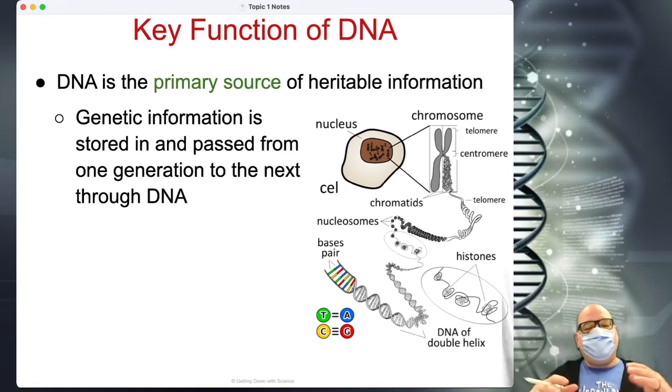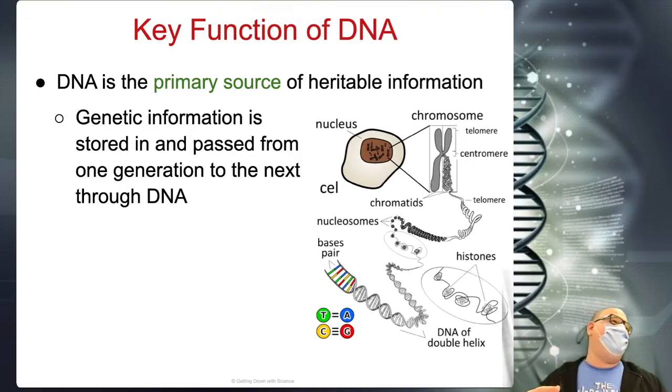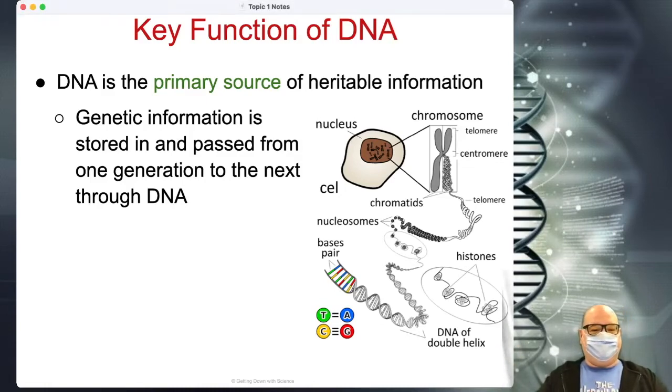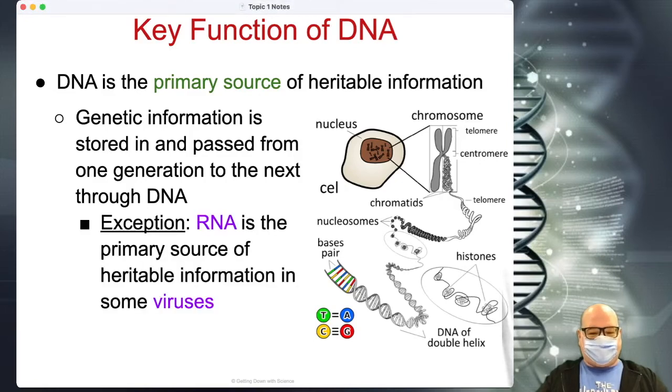The information in your DNA is obviously passed from one generation to the next through that DNA. You should know that from our study of mitosis and meiosis in Unit 5. Okay, there's some exceptions here, all right?